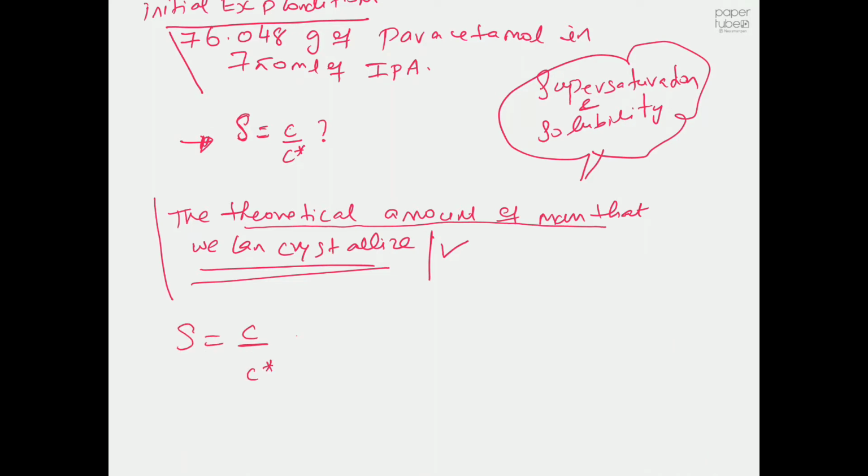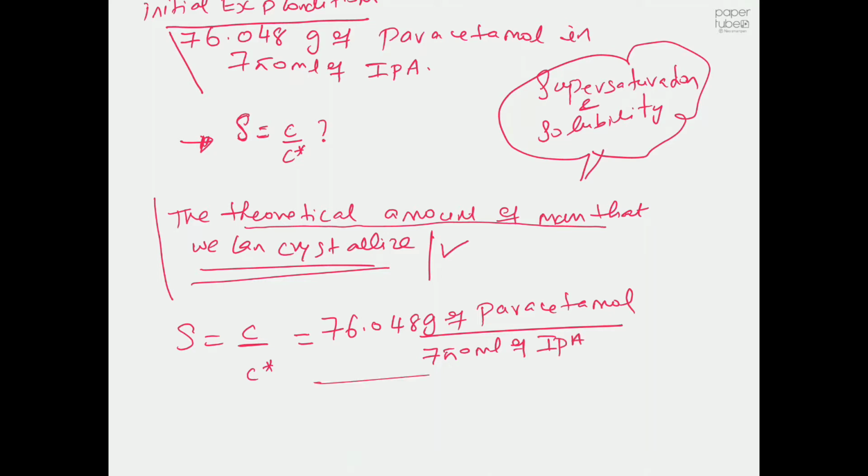For the concentration, we know how much we added: 76.048 gram of paracetamol per 750 ml of isopropanol solution. So we have to express solubility in the same unit, gram of paracetamol per 750 ml of IPA.